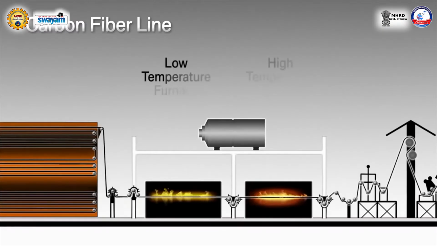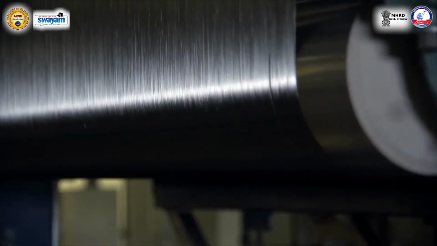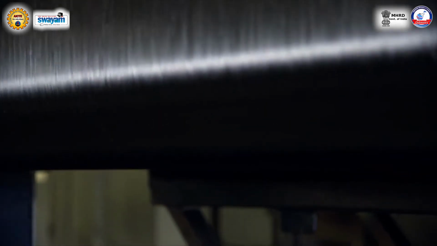Third step is carbonization. After stabilization, the fibers are heated in the absence of oxygen in a series of furnaces, each maintained at a higher temperature than its predecessor. The temperature in the first furnace is adjusted to around 1000 degrees Kelvin, while that in the last is at about 2000 degrees Kelvin.